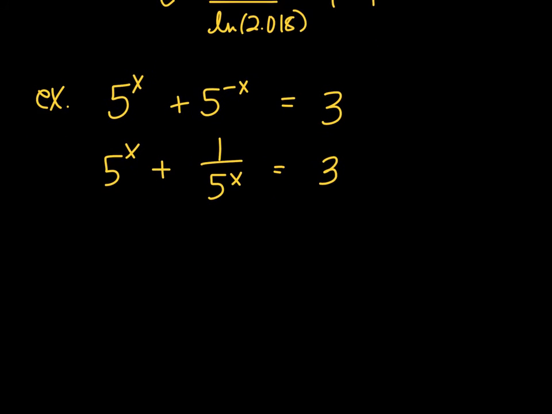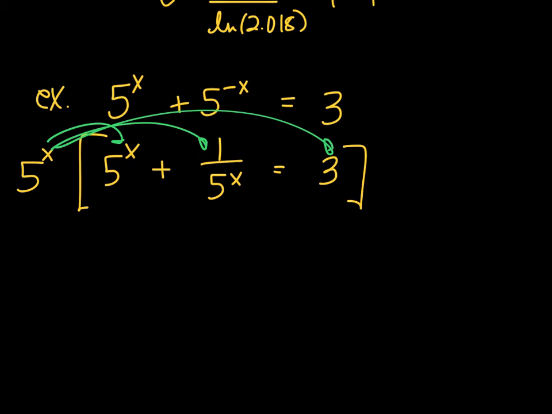So how do we usually get rid of fractions in problems? Multiply through by everything. So we're going to multiply this problem by what expression? 5 to the x. We're going to multiply everything by 5 to the x. So I'm going to put a bracket around the whole thing and distribute that 5 to the x inside.